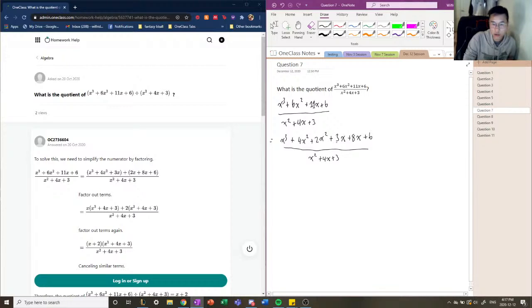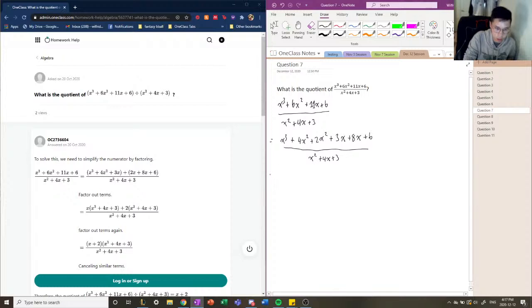Okay, so now that we have written this out in a different manner, we're going to rearrange the order of our terms to group it in a different manner, okay? So I'm going to take this 4x squared and this 3x and group it with my x cubed, okay? And this 2x squared is going to be grouped with the 8x plus 6, okay?